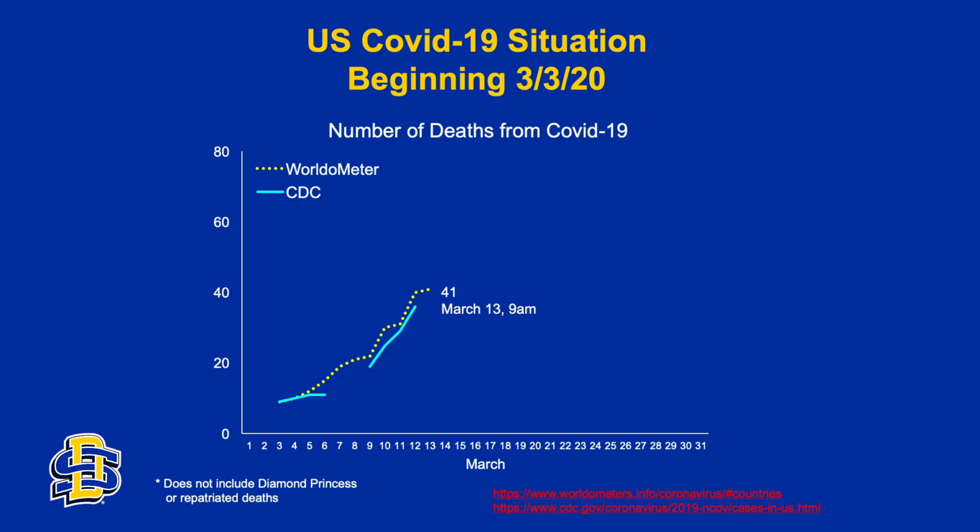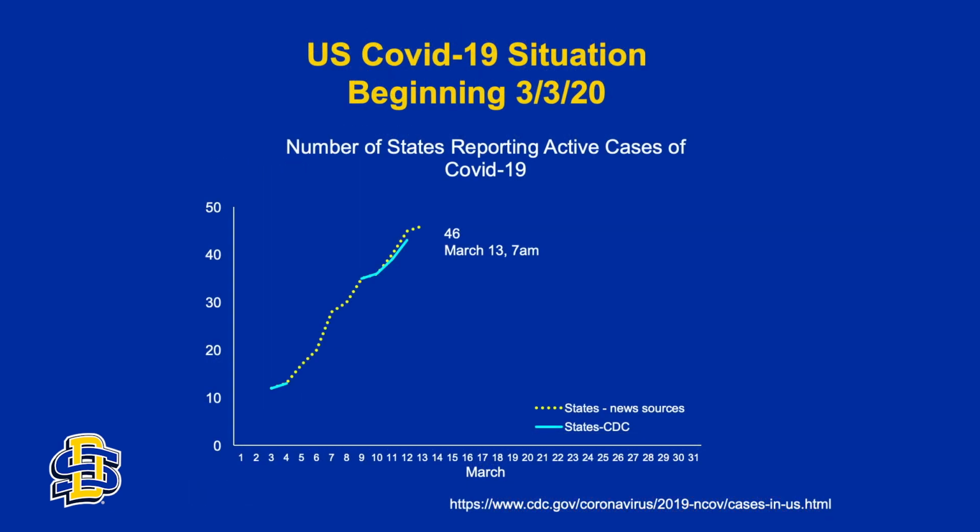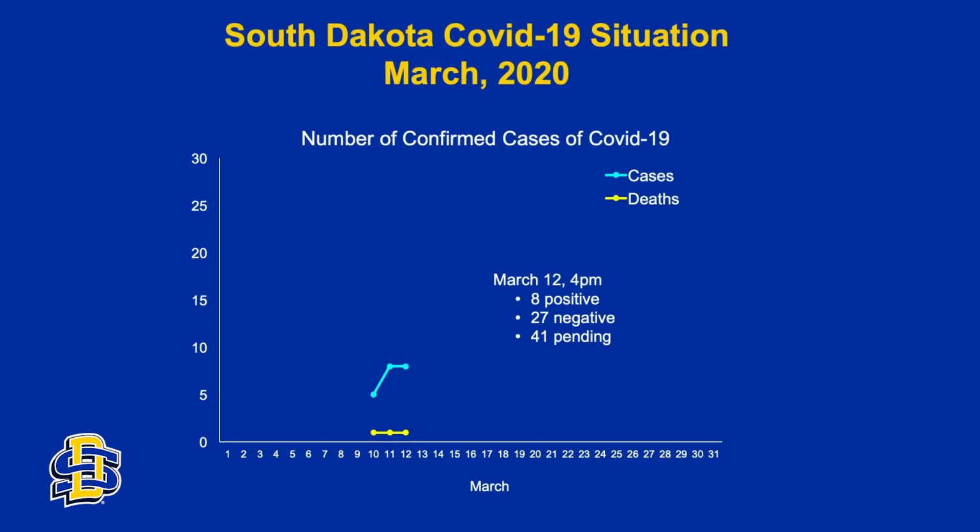And then I'm also monitoring the deaths, same thing. And the number of states, we're now up. Alaska just reported a case this morning. I think we're up to 48 states that have reported a case. And I have now added a graph for South Dakota, just to track those cases.